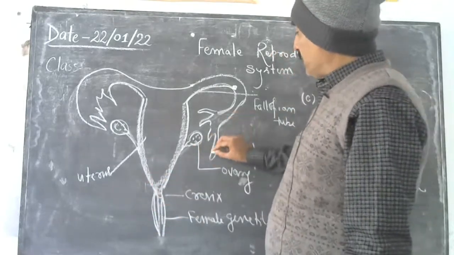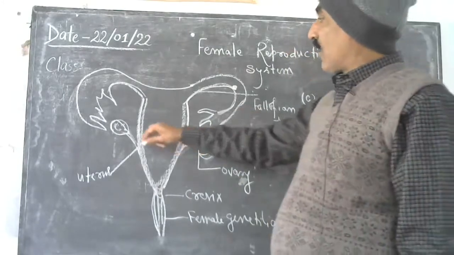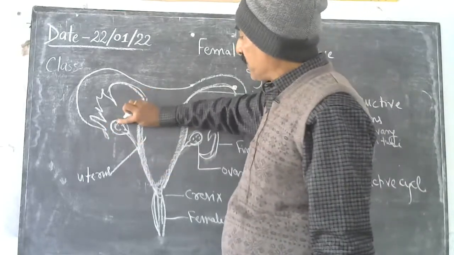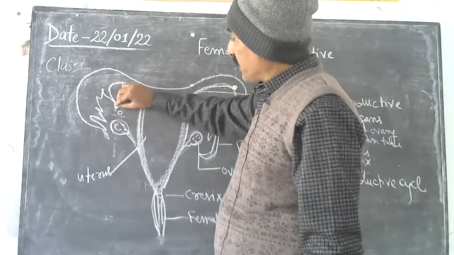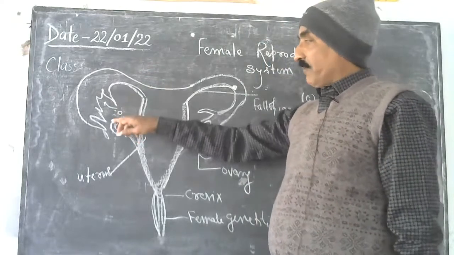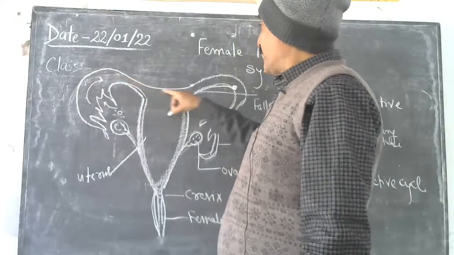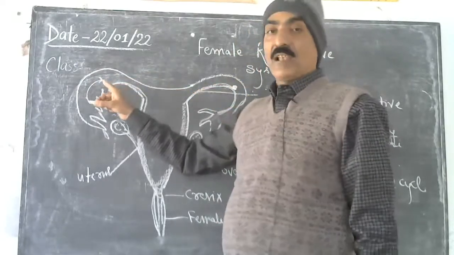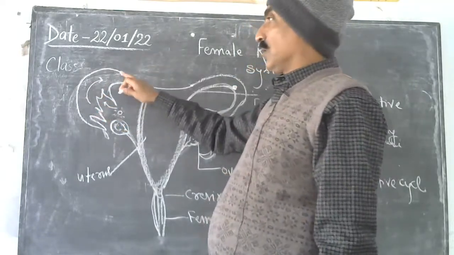Then the ovum is collected by the structure called fimbriae. As soon as the ovum is released from here, it is collected by the fimbriae. After the fimbriae, a tubular structure lined with ciliated epithelium inside is there, called the fallopian tube.